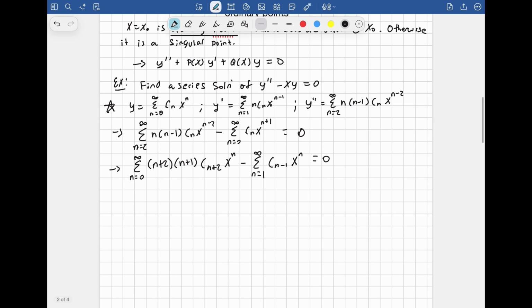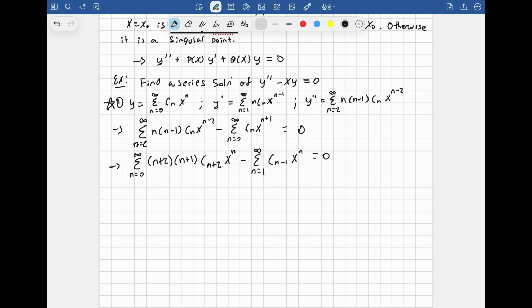Now that we've equated, that was our first step right here. Second step is subbing in. Third step is equating the powers of x. Then the fourth step is going to be equating the indices. How do we do this? We run off terms.